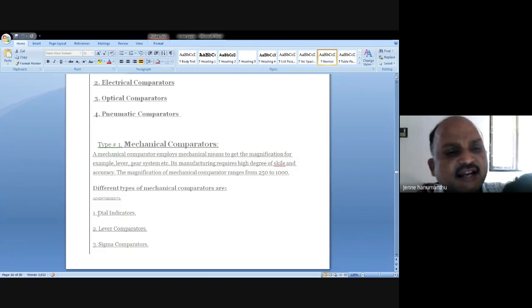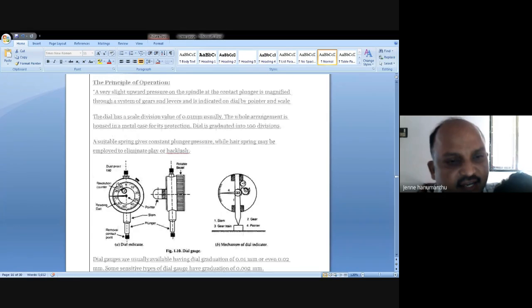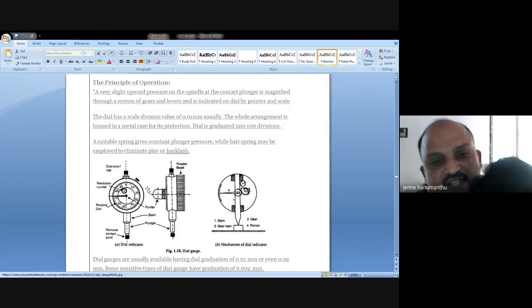See the dial indicator. So what is the dial indicator? The dial indicator has some markings followed by a pointer. This is called a revolution counter, and this is the markings, the reading dial.